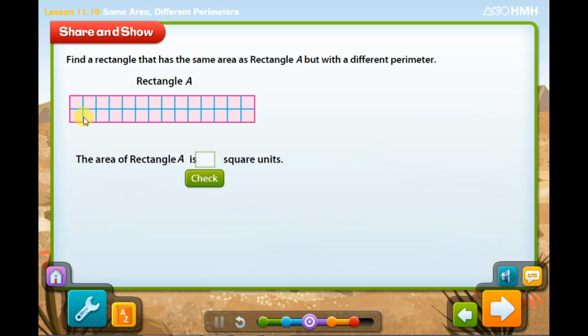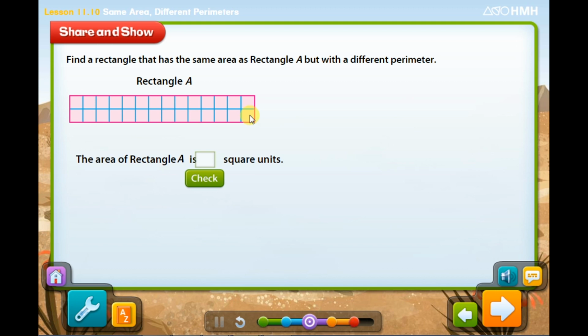How many rows? 2. By the number in each row, let's count how many tiles in each row. 1, 2, 3, 4, 5, 6, 7, 8, 9, 10, 11, 12, 13, 14. So can you multiply 2 by 14? No. So in this case, we're gonna add all the tiles together.